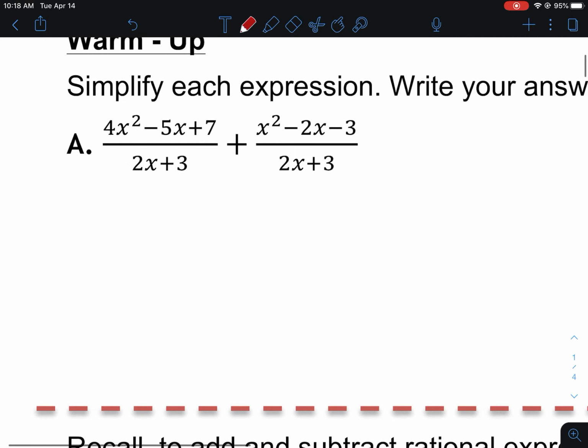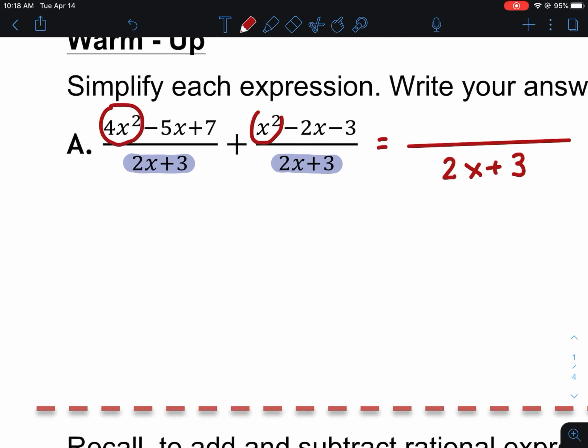All right, so for A, if you notice that we have the same denominator, that means that we can just add our numerator, and our denominator is going to stay the same. So when I add that numerator, the top part, I'm going to look for like terms. I have 4x squared and 1x squared, which gives me 5x squared.